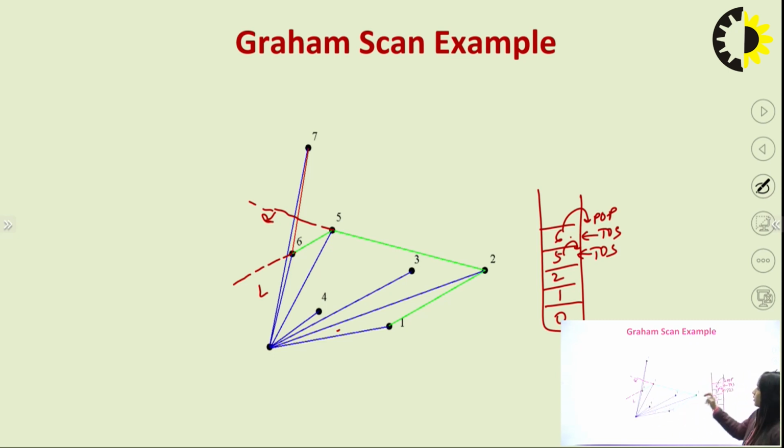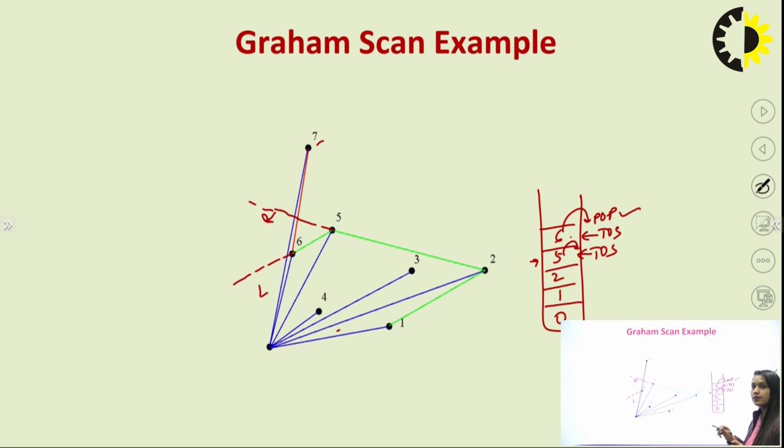If a point lies on the right side, I have to pop. Now my top of stack is the point below that. Now I am back to that point. If a point lies again on the right side, like 7 is on the right side, so again I have to push that point.